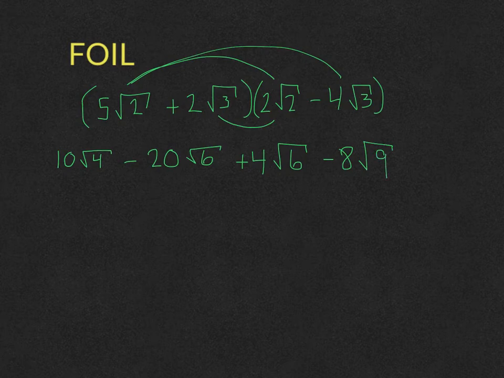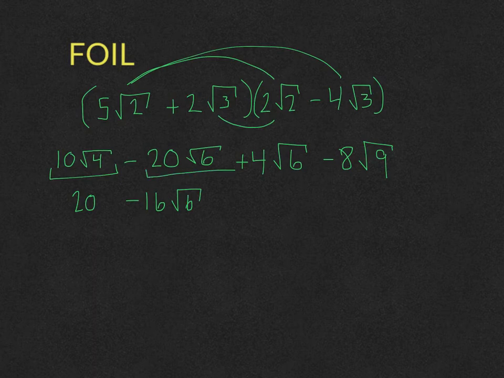All right, now after we do the multiplication, we're going to go ahead and simplify. So 10 square root of 4, the square root of 4 is 2. It's 10 times 2, which is 20. I have negative 20 square root of 6 plus 4 square root of 6 is negative 16 square root of 6. So that's this part right here.